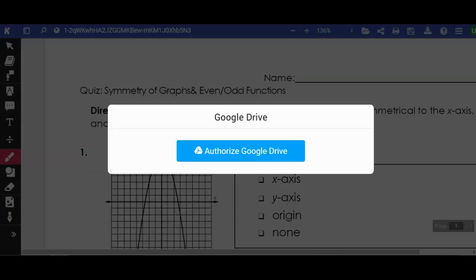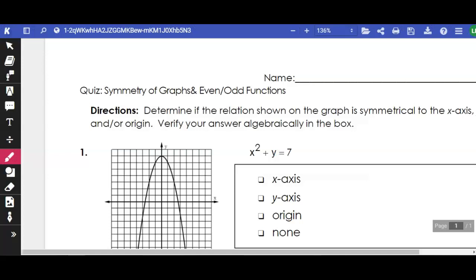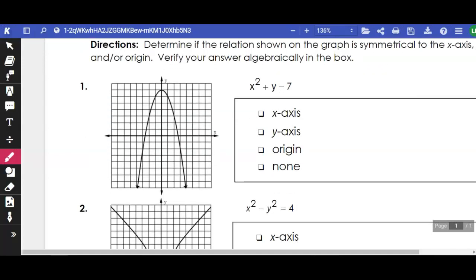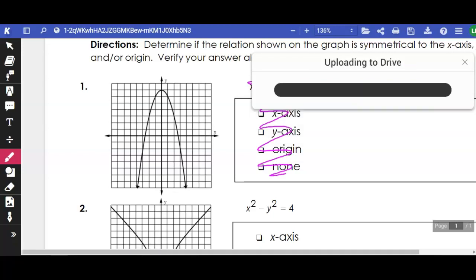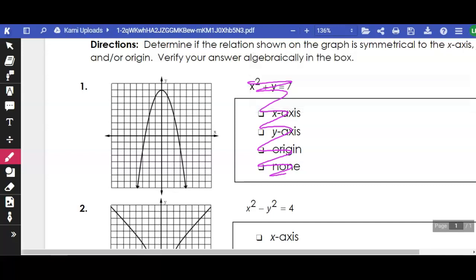Now let's look at symmetry. We're just going to look at even and odd, so we're going to ignore all of this. So I just want to know, is this function even, odd, or neither? And so this has y-axis symmetry. And so since it's a function that has y-axis symmetry, this is an even function.